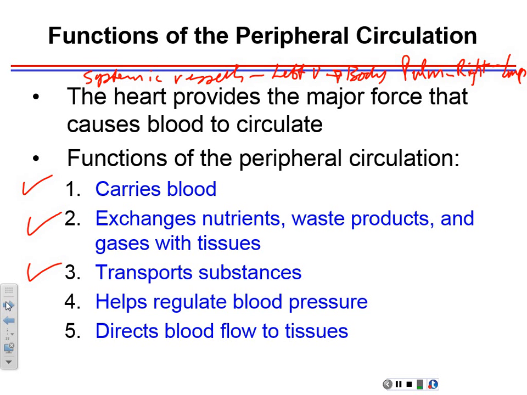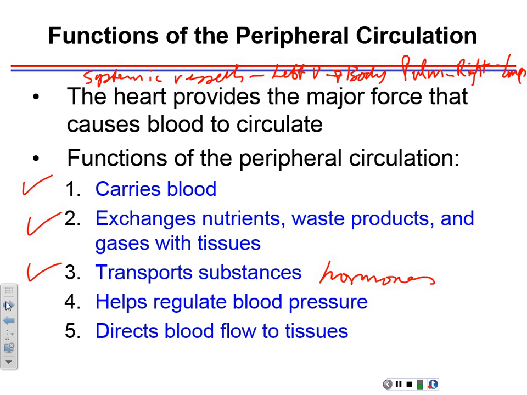Yeah, exactly. Hormones, because these are very important in regulating the reactions going on in the body. So hormones and things like that, and some other compounds like eicosanoids, that are hormone-like substances, prostaglandins and things like that. So transport substances like hormones.